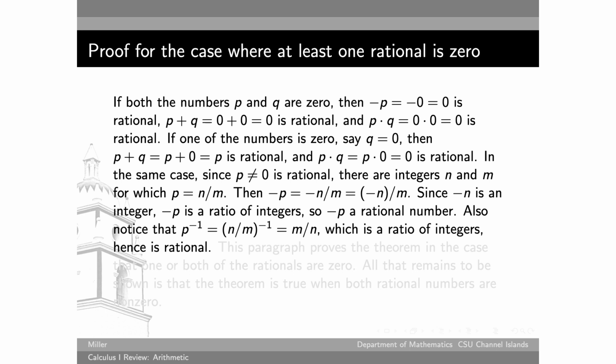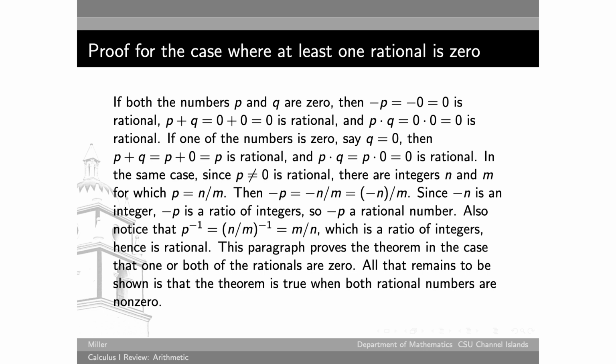Well, a negative 1 exponent inverts ratios, so p to the minus 1 is m over n, but that's also a ratio of integers. Hence, p to the minus 1 is rational. So this paragraph went through the arguments that prove the theorem in the case that one or both of the rational numbers are 0.